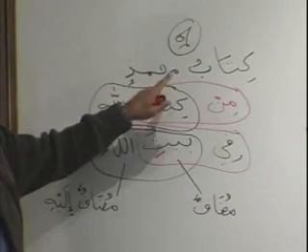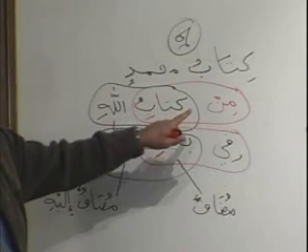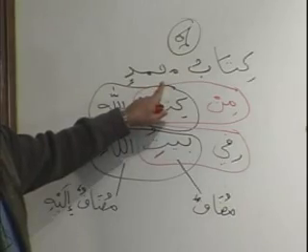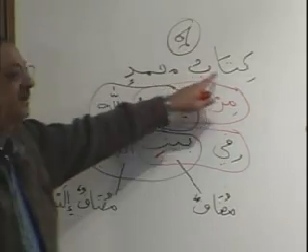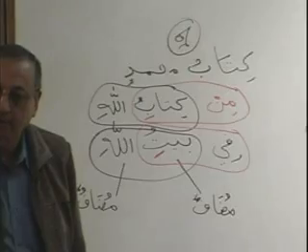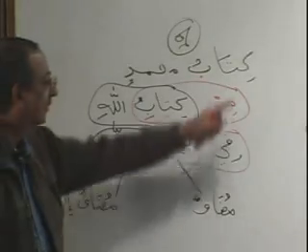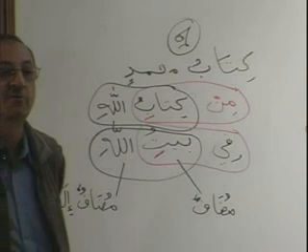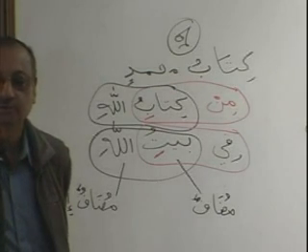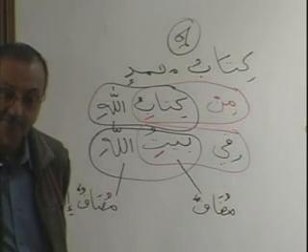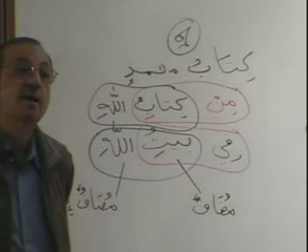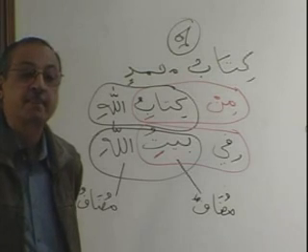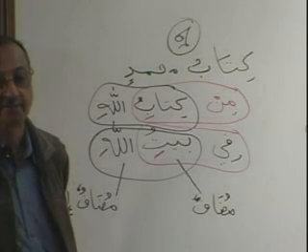If the mudaf ilayhi is definite, then automatically mudaf is definite, even though we did not put al. We cannot put al or tanween to the mudaf. Brother Abdul Samad, mudaf can never have al and cannot have tanween.